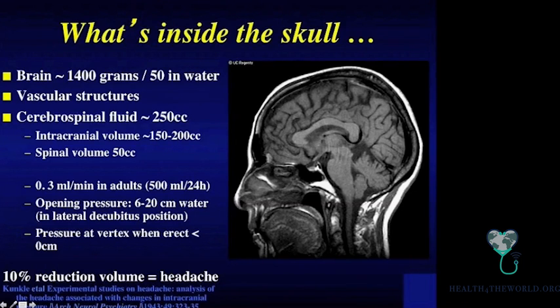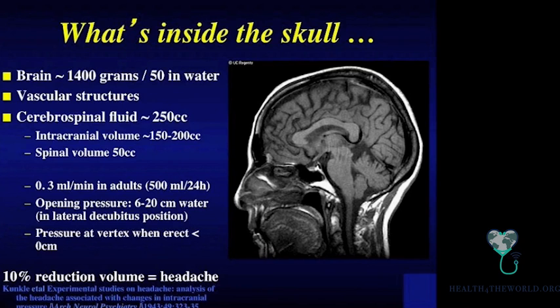Okay, so let's take a step back and remember what's inside the intact calvarium. The brain, normally outside the skull, weighs 1,400 grams, but if you place it in water or CSF, it only weighs 50 grams, so we float. Our brain floats in CSF.